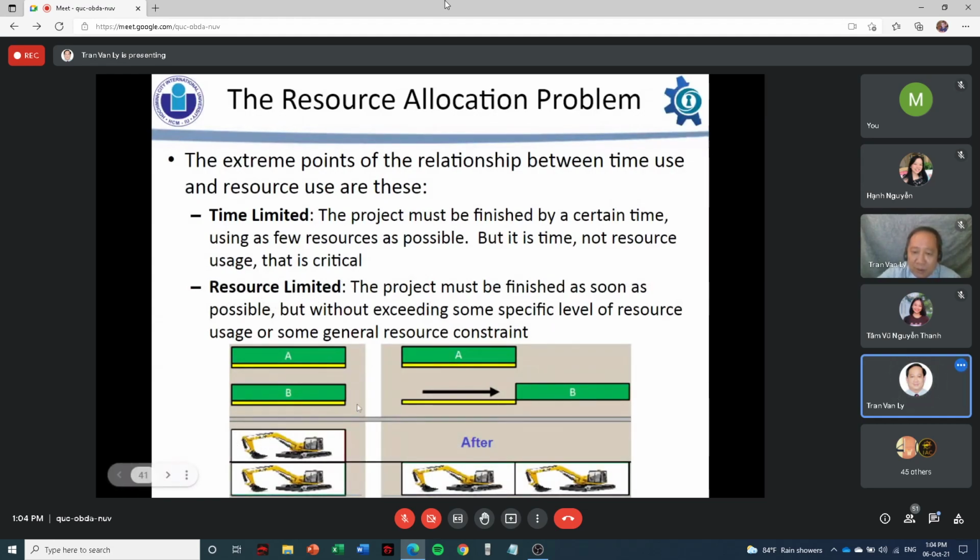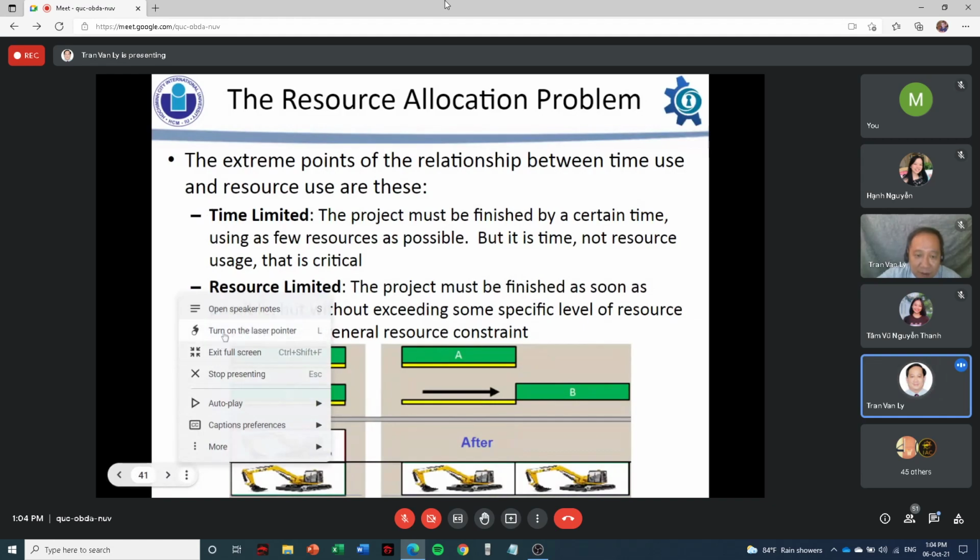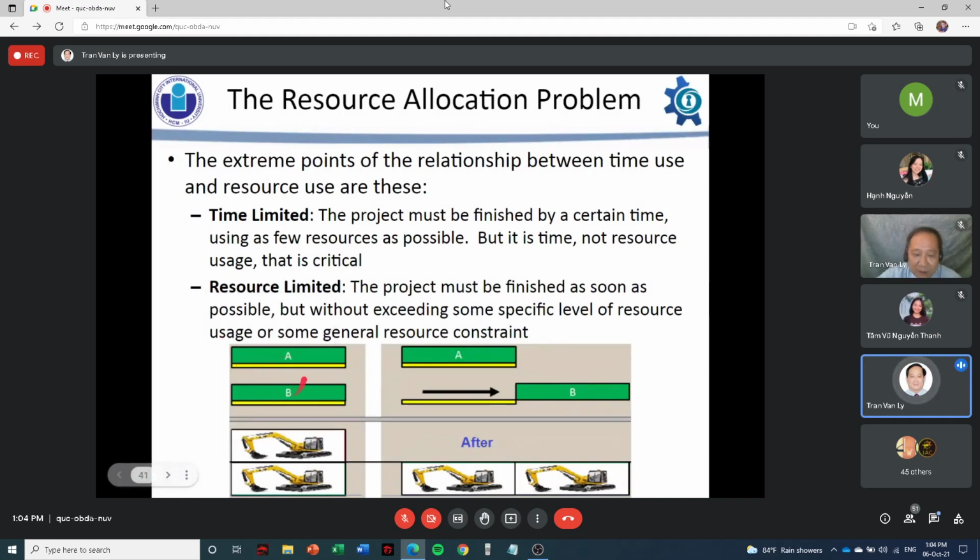Sometimes, let me give an example. Sometimes we want to carry out activities A and B, but the first problem is we don't have space for two machines. Okay, we don't have space. You can see in projects normally like that.